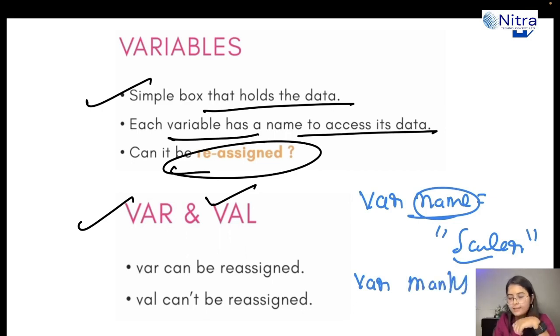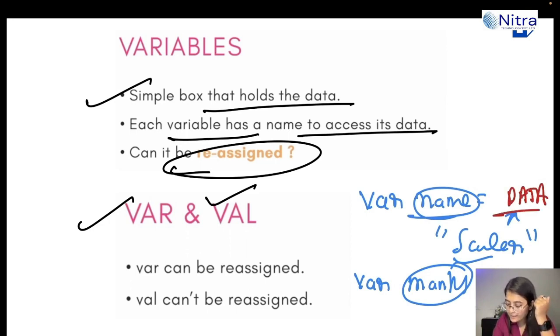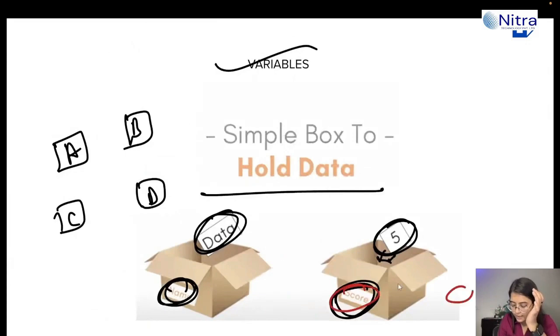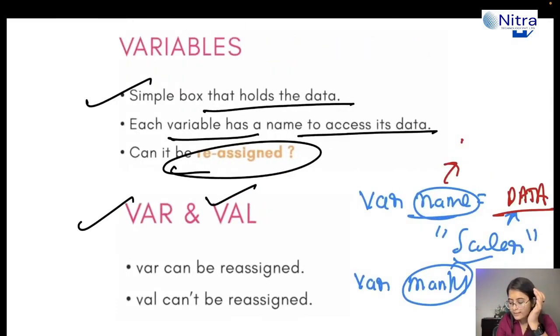Let's say this is your marks in mathematics out of 100. I'm giving you 99. So variable and value, right? This is your data, and to access this data, I'm creating a variable. To access it, I'm giving it a name, like to the boxes I am giving names. In the same way, to access some sort of data, I'm creating names.